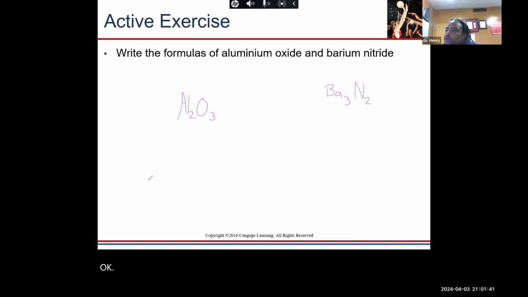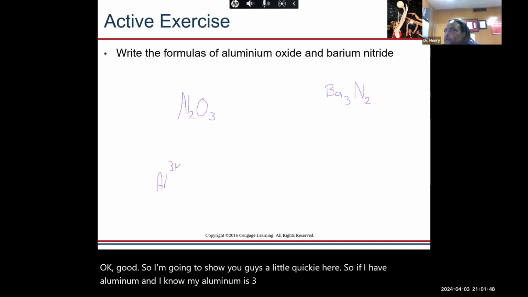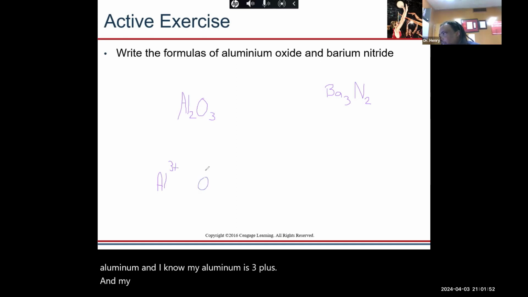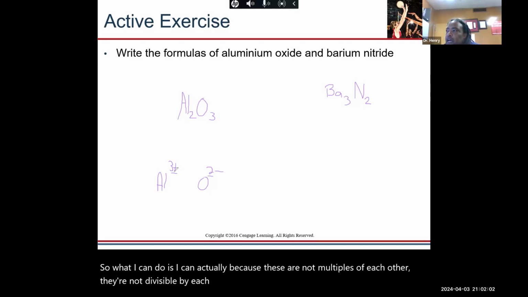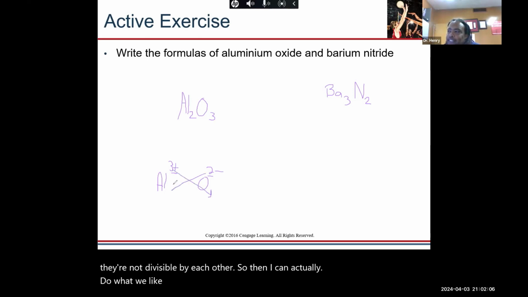Okay, good. So I'm going to show you guys a little quickie here. If I have aluminum and I know my aluminum is 3 plus and my oxygen is 2 minus, because these are not multiples of each other, not divisible by each other, I can do it with kind of a cross multiply.